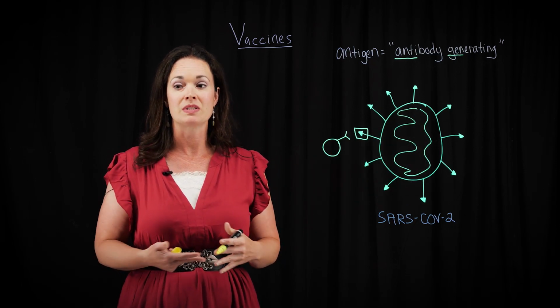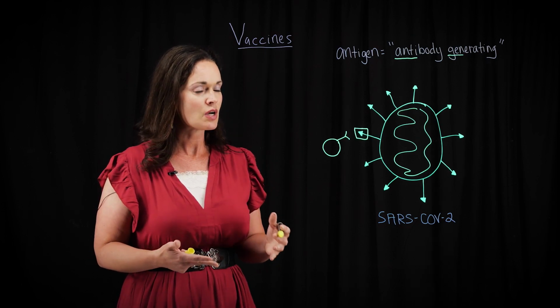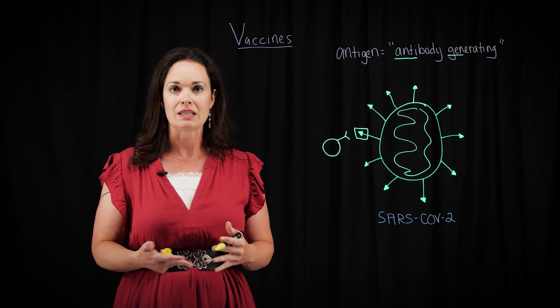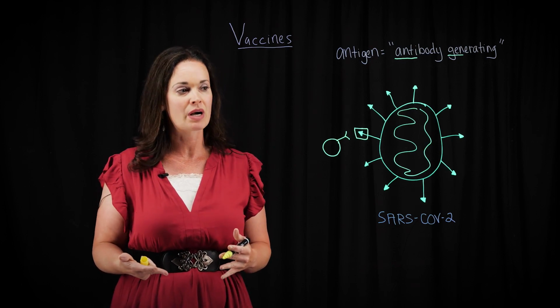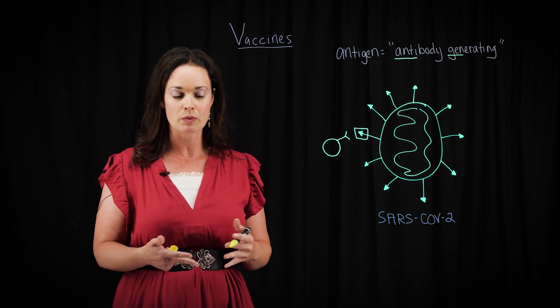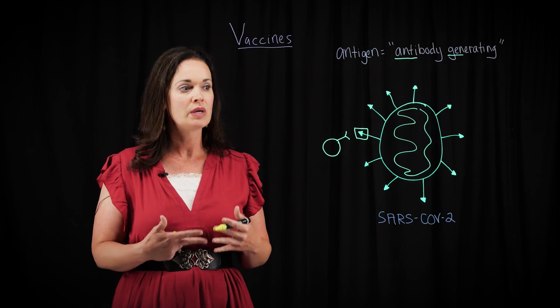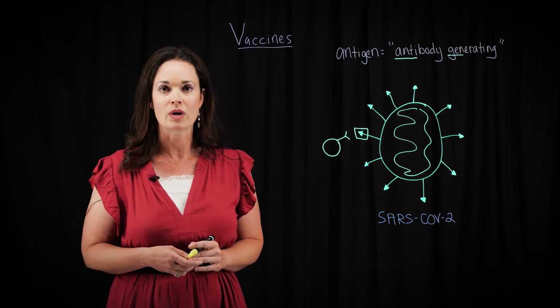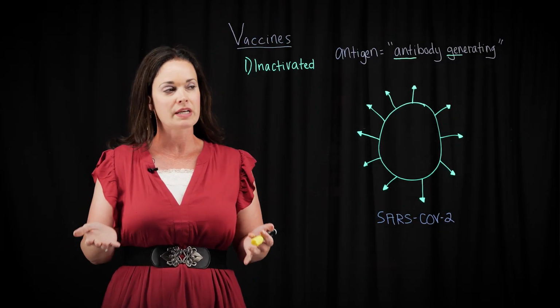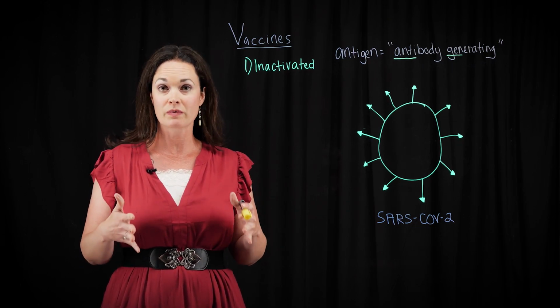And as it reproduces, it spreads, and that's what's actually going to make you sick. So what we need to do with any vaccine is take the antigenic part of an antigen, the part specifically that the immune system responds to, and that's what we are going to create a vaccine specifically for.